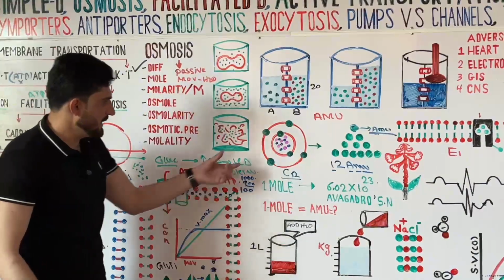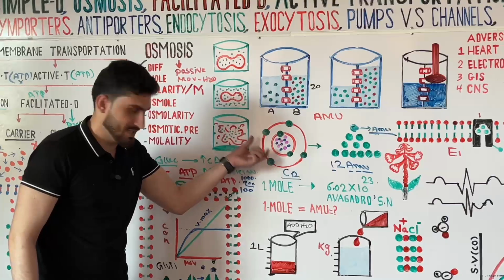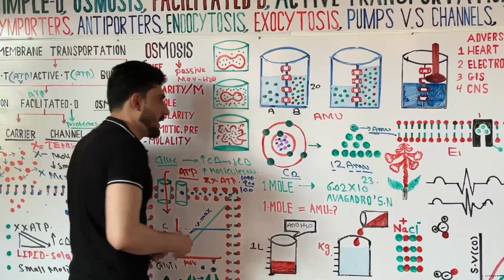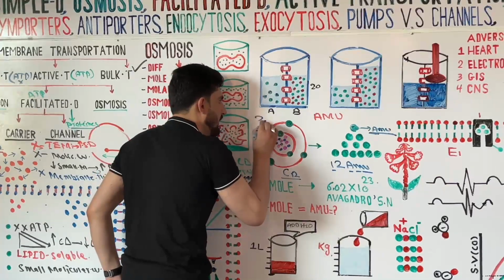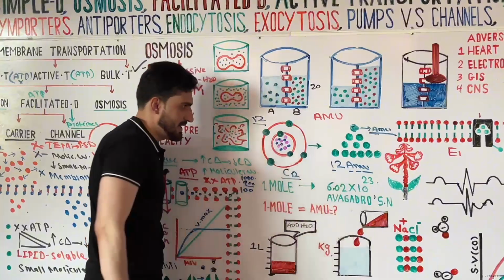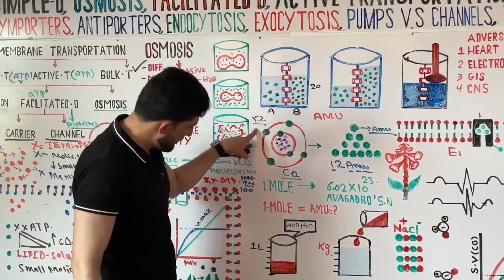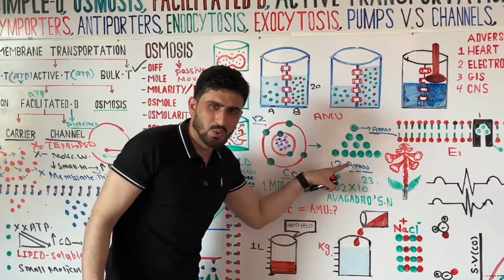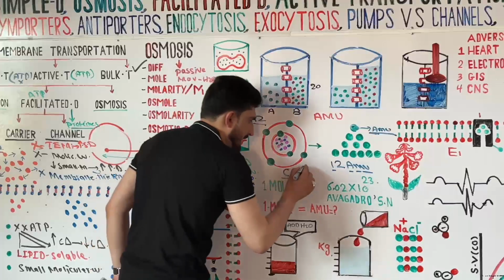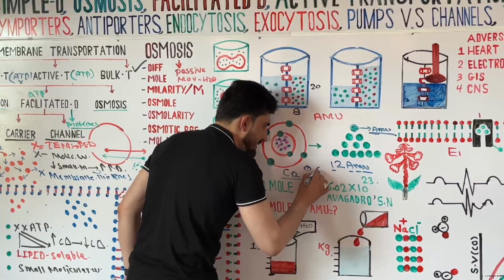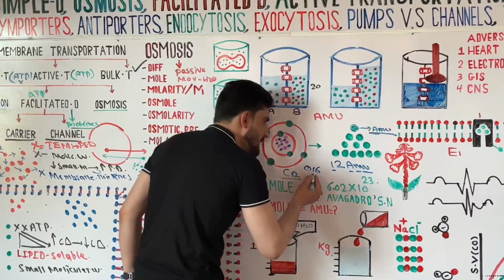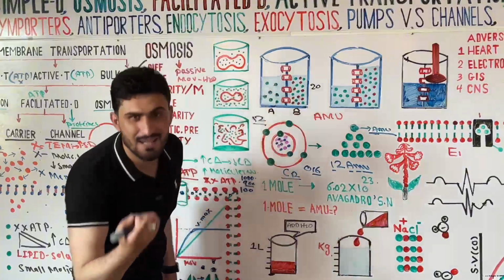If we have something which is called atomic mass, for example, atomic mass of carbon is 12. It means that it is 12 AMU. If I say that atomic mass of oxygen is 16, it means this is 16 AMU.